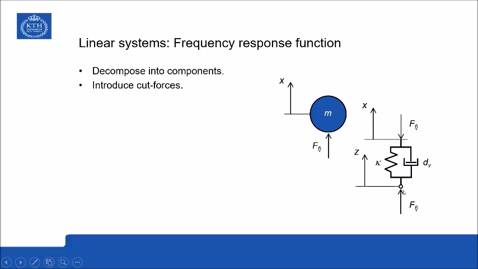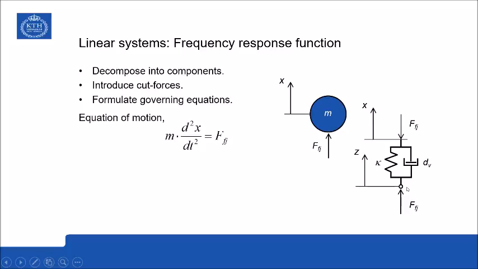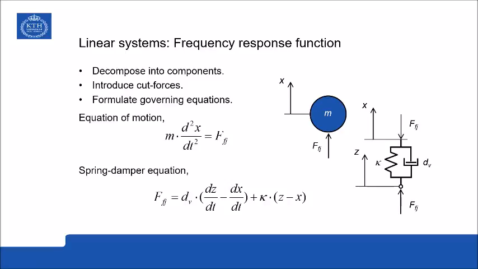And then in the contact point, since this is a massless system, we must have the same force in opposite direction in the input side here. So if we formulate the governing equations here, we first of all have the equation of motion for the mass, and then the spring damper equation.